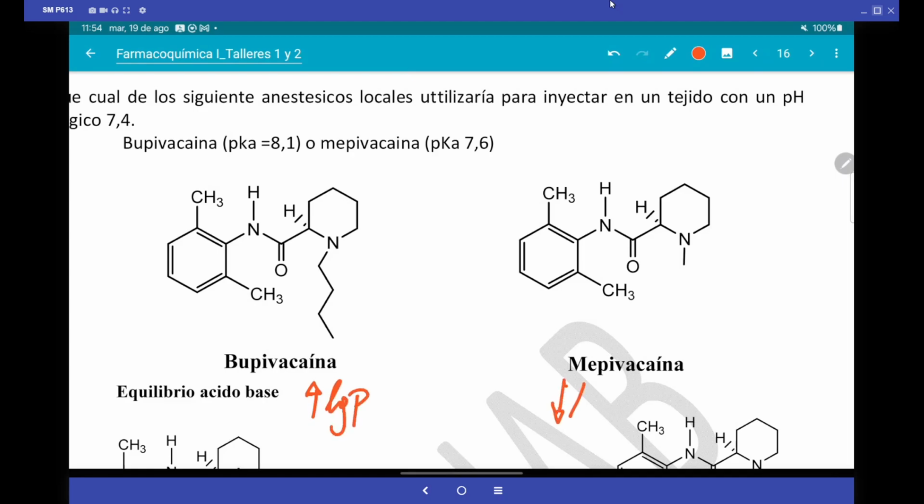Second question: does that mean that the first is going to be more protonated than the second? There is no relation. It has nothing to do with the pKa and the log P. They are different things. Just because something has a higher log P does not necessarily mean that it protonates more. They are different concepts. You cannot mix them.